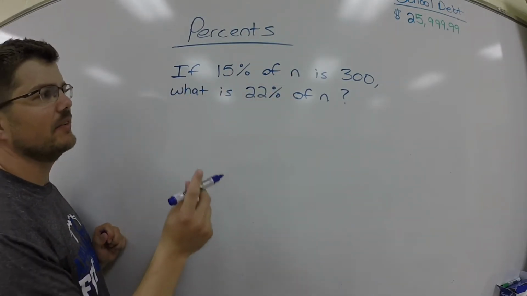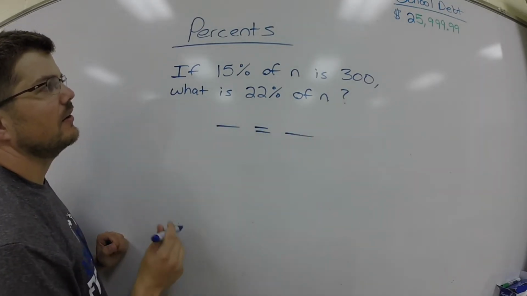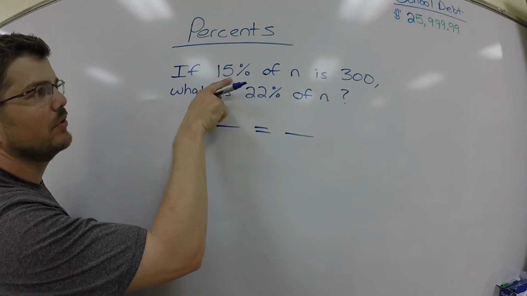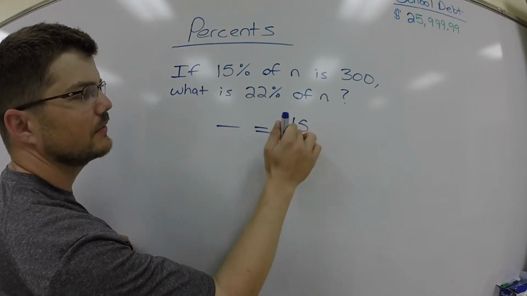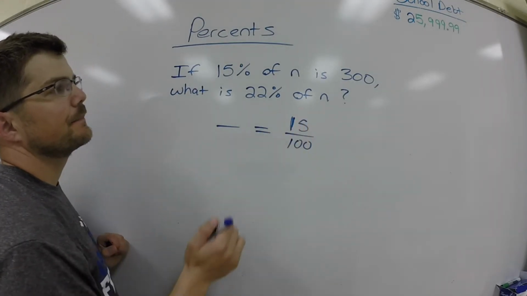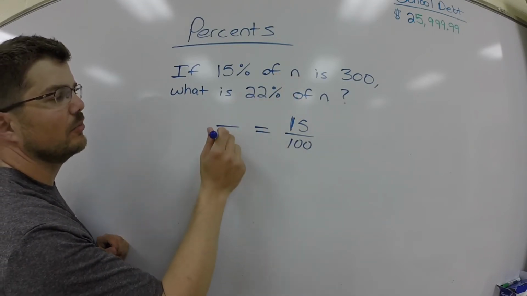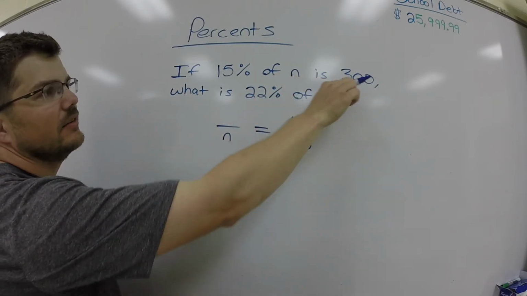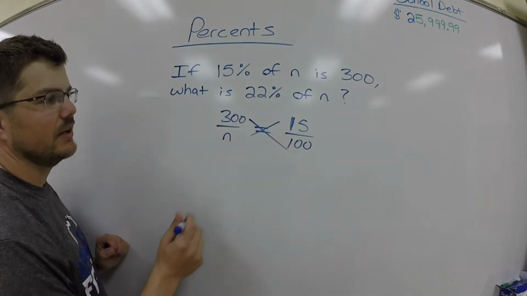Let's set it up. Is over of equals percent over 100. Alright, so if 15%, 15 over 100, of n, of on bottom, is 300. Alright, let's cross multiply this and solve for n.